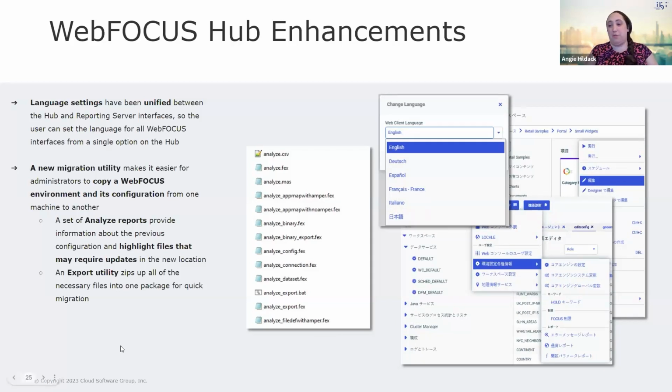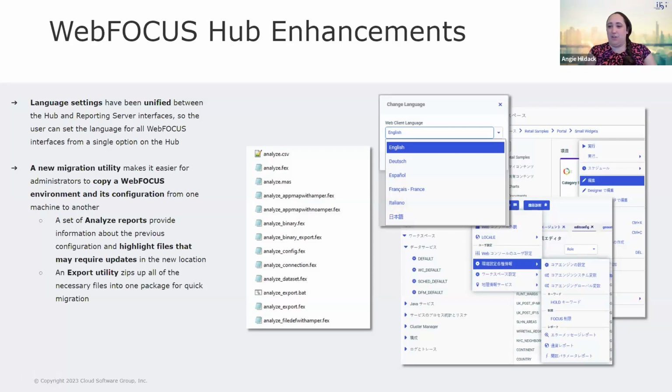When you're moving from one environment to another, it'll flag for you and say, hey, in this master file you have a hard-coded path to a file that exists on the D drive in a particular folder location. When you move all this content to a new machine, that path may not work anymore, so you're going to have to look at it and maybe remediate it when you move to the new environment overall.